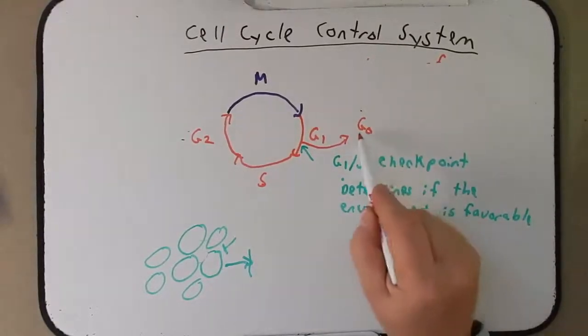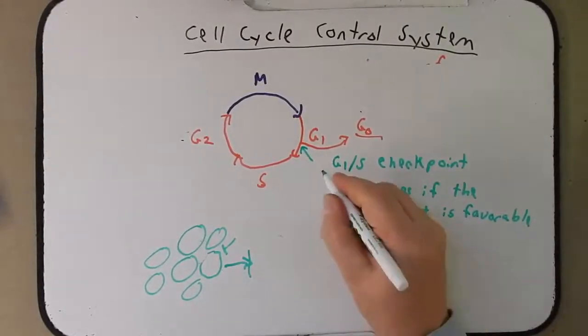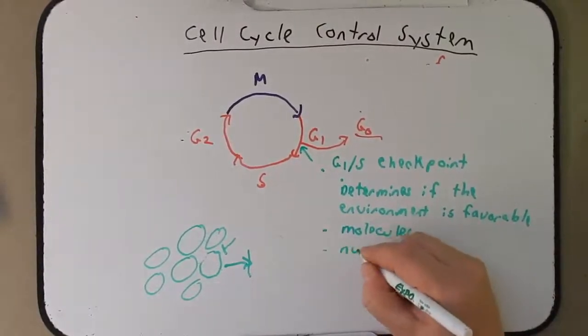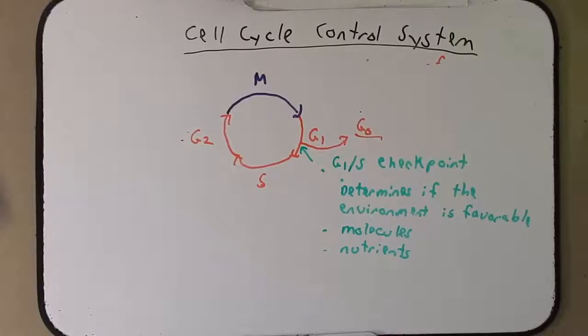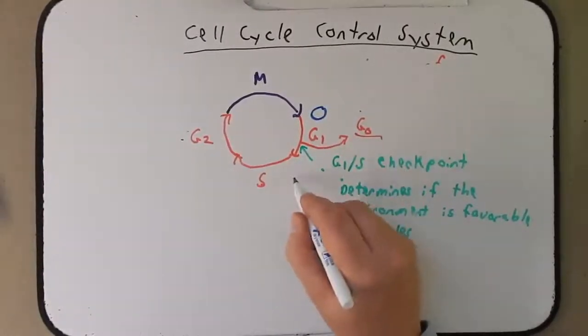But some cells will stay here indefinitely, like a neuron. Other cells will stay there for a specific set of time until they are cued to re-enter the cell cycle. Some of these signals that it could get could be molecules from a cell signaling pathway, could be nutrients. But if it receives that cue to move on, this cell here will now enter into S phase.